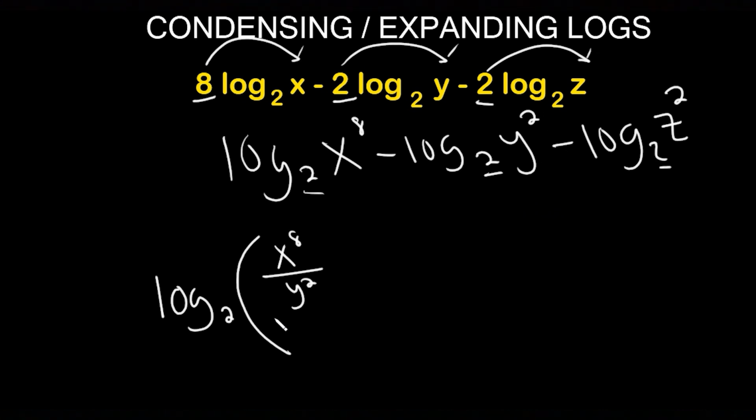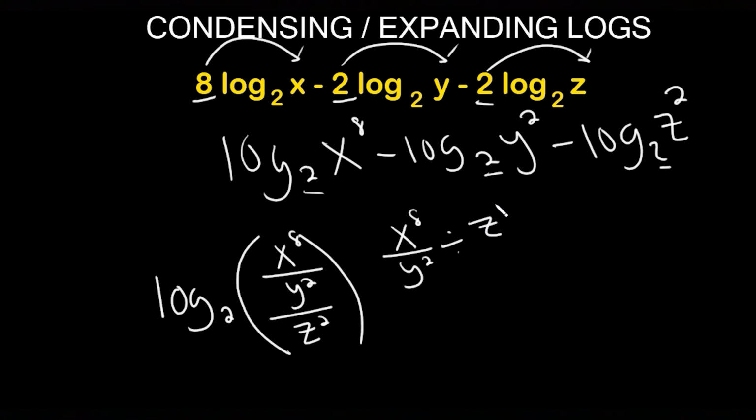So what ends up happening here? We want to go ahead and simplify down what we have in parentheses. Well, just remember, keep, change, flip. What you're really doing here is x to the 8th power over y to the 2nd power, and then we're dividing by z squared all over 1. So just remember, keep, change, flip.